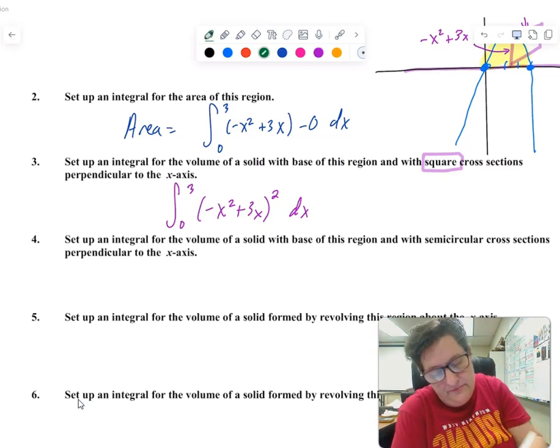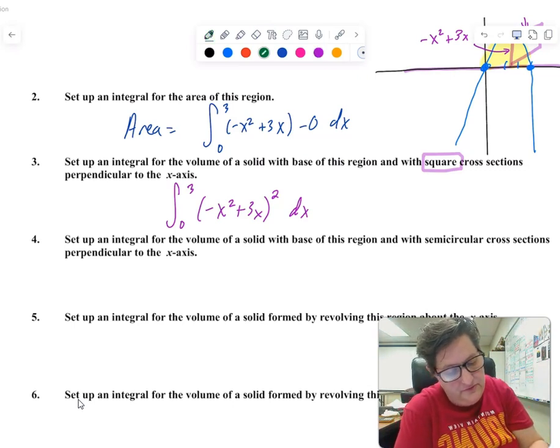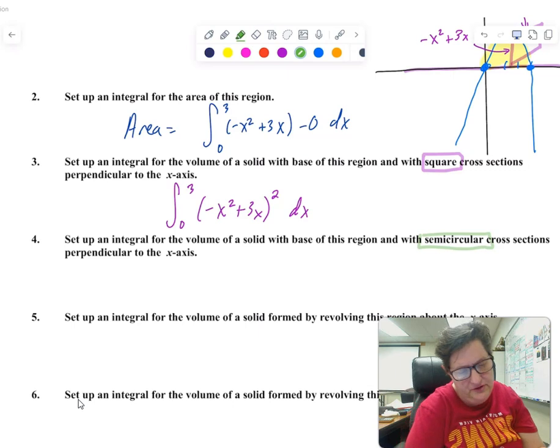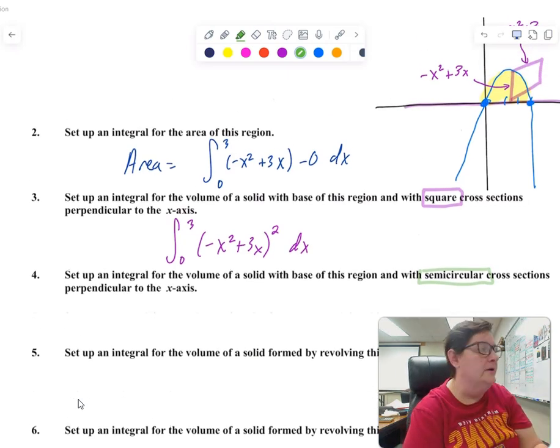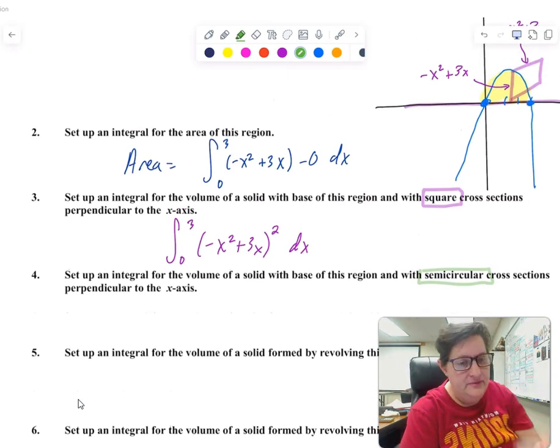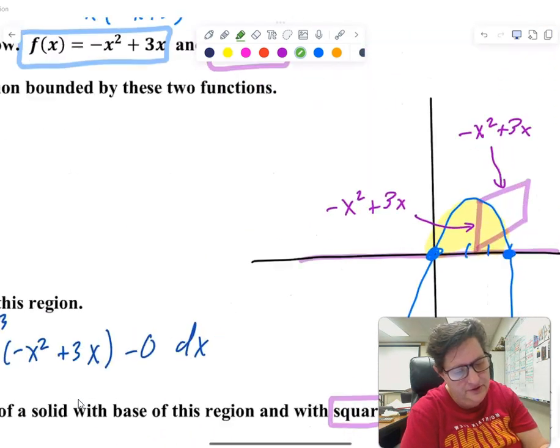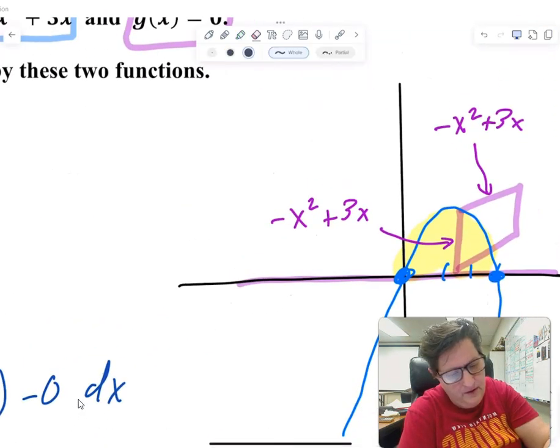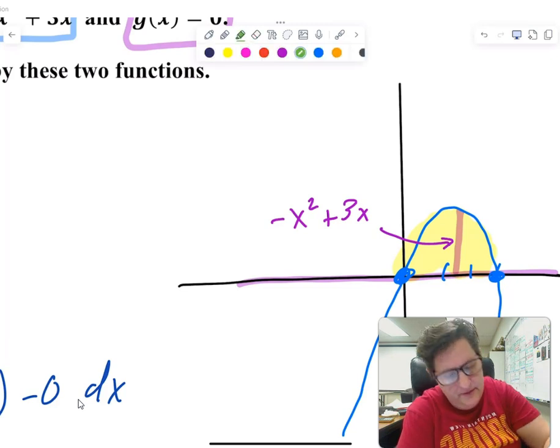Now we're going to do the same thing. The solid base of region, semicircle cross section. Semicircles are a little bit more difficult because, as we've talked about, you have to remember 1/2 pi r squared. But then you also have to remember that we're using radius, not diameter. So let's make a semicircle.